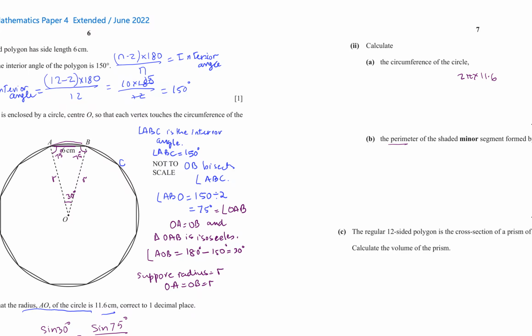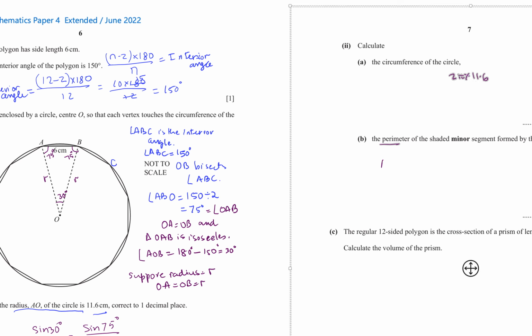So what is arc AB? I can find it by saying AB is equal to 2 pi r, 2 pi times 11.6 times the angle 30 over 360. So 30 over 360 is 1 over 12.